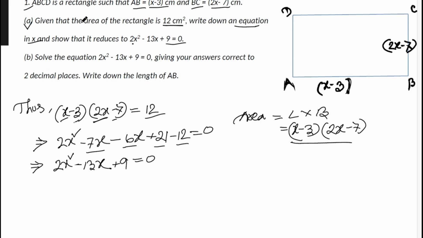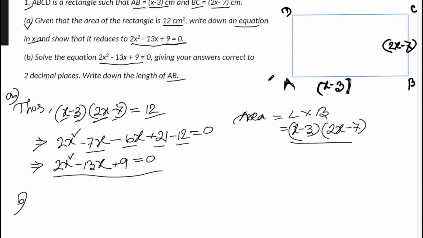As the question asks to make an equation and reduce that equation in this form, we got our question A answer here. Now come to solve question B. Question B asks to solve this equation giving the answer correct to two decimal places, and we have to find the length of AB also.